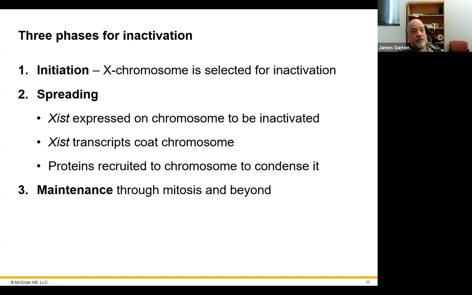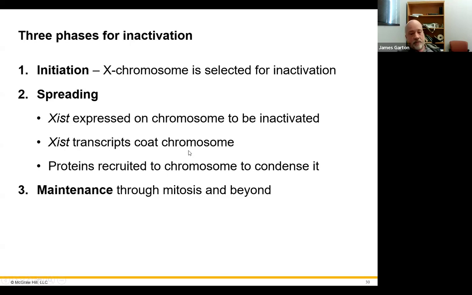And so there are three phases. You have to initiate: you have to pick one chromosome to inactivate. Assuming you have two, the chromosome that you pick has that XIST gene expressed.